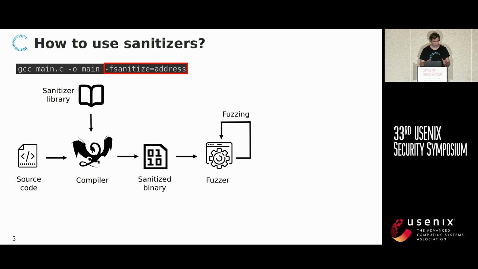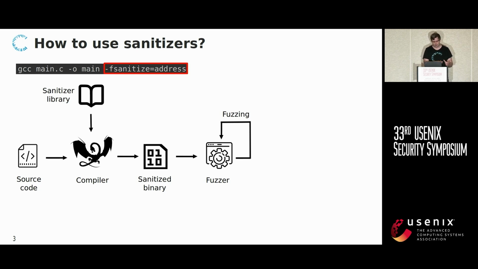If you have source code for your program, you can just compile it and add a specific compiler flag, which is usually called fsanitize, and then you have to specify what kind of sanitizer you want, because there are different kinds of sanitizers for different kinds of bug classes. If you use this flag, the compiler will link your code with a sanitizer library and will also add instrumentation into your program.